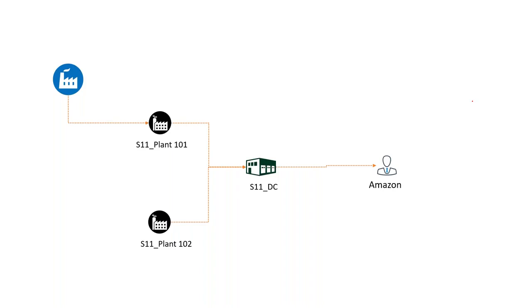If you say that this plant can only produce this much, because this is the available capacity, it will never be compromised. That's the thing with the constraints, and how we can tweak them to get the desired supply plan.